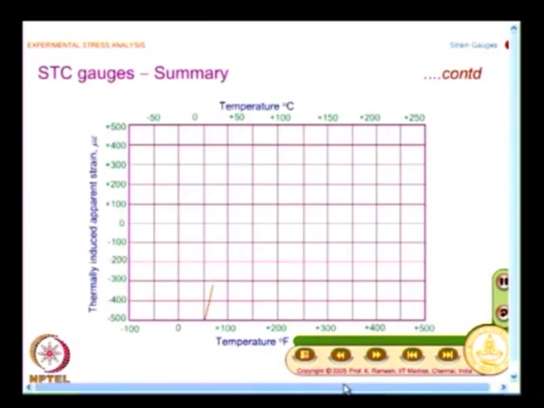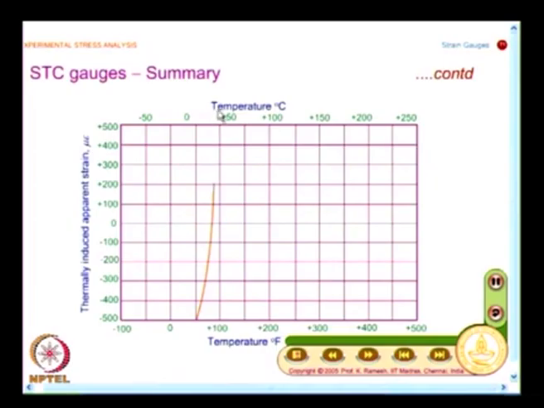And the suggestion is, I have temperature and I have thermally induced apparent strain. So, I measure from this graph for a given temperature what is the thermally induced apparent strain and subtract it from my measurement. Whatever the measurement I make, I subtract it, but this is cumbersome.